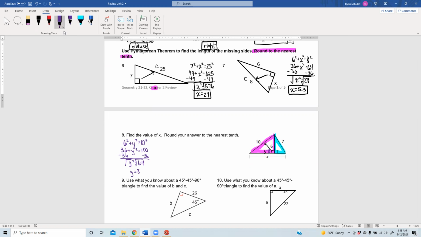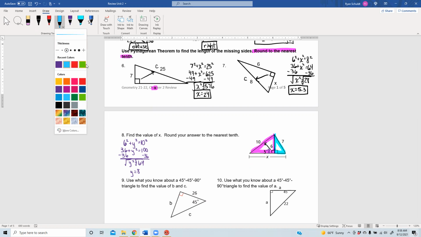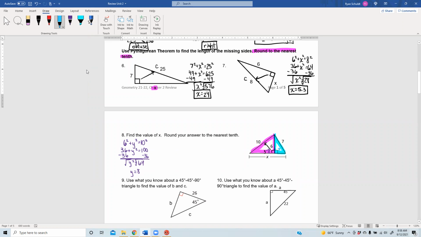Maybe we call that side, I don't know, Z. So in that case, our 7 is the C. So we've got to do 6 squared plus Z squared equals 7 squared. 36 plus, wait, not squared, 36 plus Z squared equals 49.